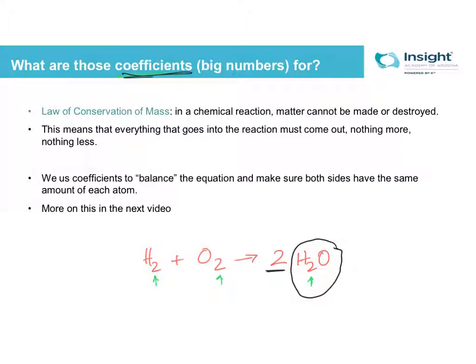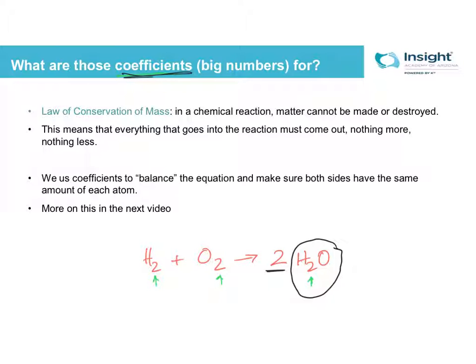These numbers are necessary to abide by the law of conservation of mass. The text defines this as, in a chemical reaction, matter cannot be made or destroyed. Really what that means is that everything that goes into the reaction has to come out of it. Nothing can disappear.